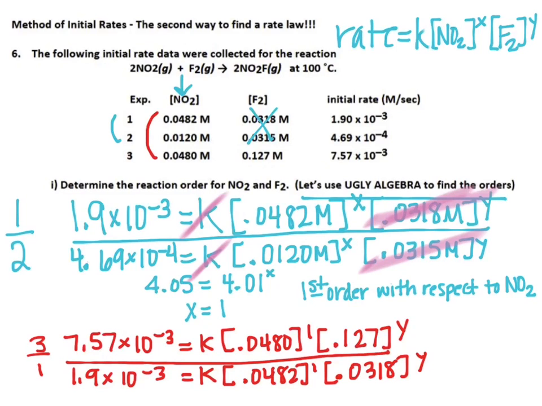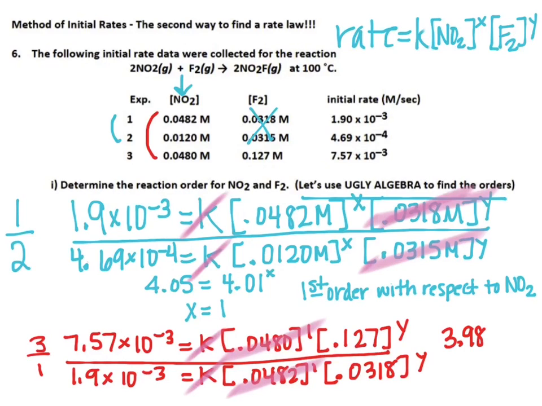Again, go in and cross out everything that's common, K, and then we have the NO2. And then do your division. So 7.57 divided by 1.9, 3.98.